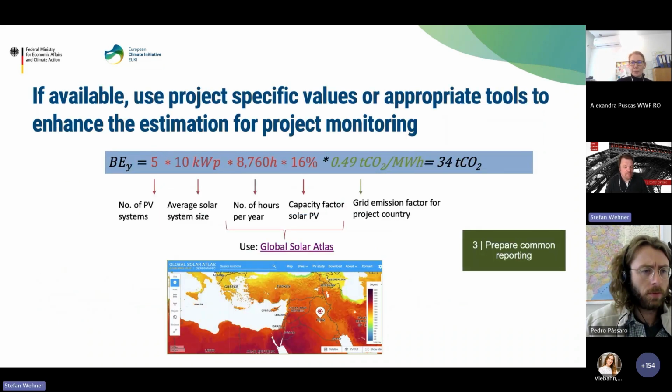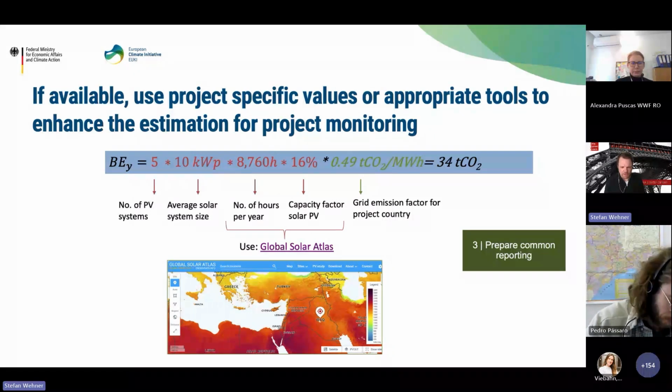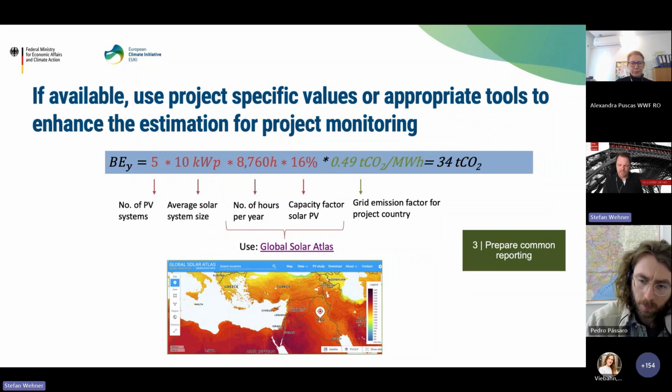And as I said, if there is no specific project value already because you have specific data measured, then there are a lot of sources out there that you can use for the ex ante estimation. For example, with regards to the capacity factor or the potential solar irradiation at your place, the Global Solar Atlas, where you can put in the location and then you get the overall irradiation and the output also in terms of kilowatt hours per installed capacity.